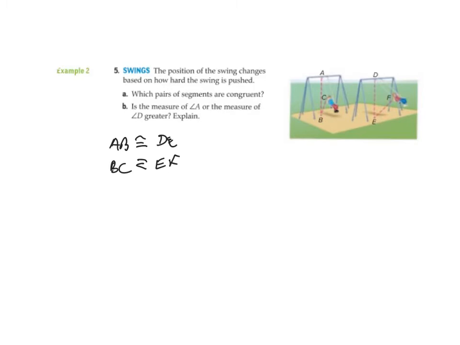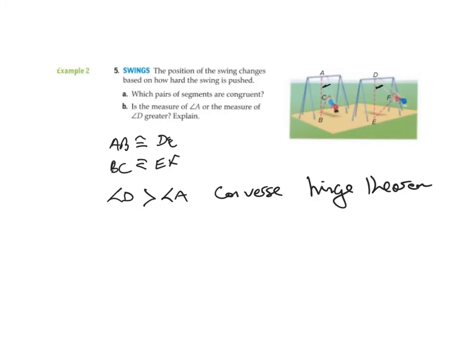If I'm looking at the angles, it asks whether the measure of angle A is greater than the measure of D. By default, angle D must be greater than angle A. Don't forget, we are now looking at angles, so this is the converse of the hinge theorem. The hinge theorem talks about sides, the converse is talking about angles.